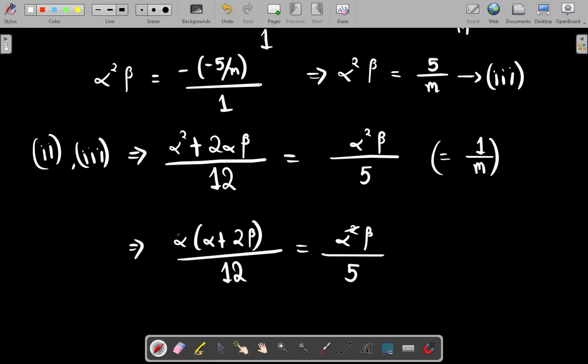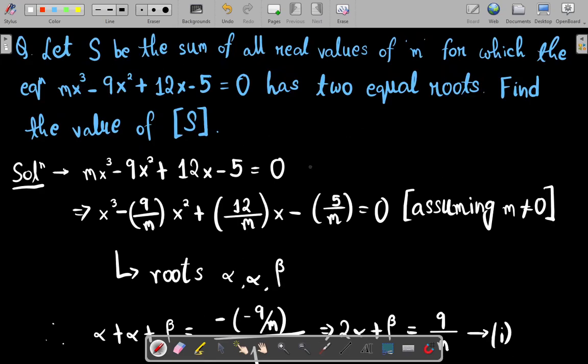So I am cancelling one alpha here since alpha is not equal to 0. This is because alpha is a root of this original equation. If I put alpha equal to 0 here, the first two terms become 0 and we are left with minus 5 upon m equal to 0.